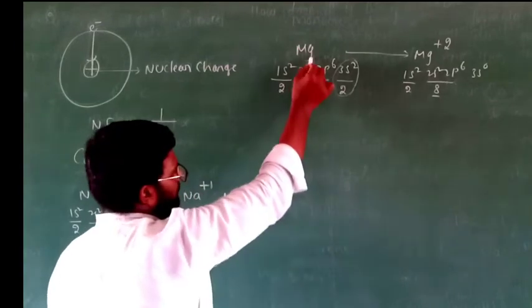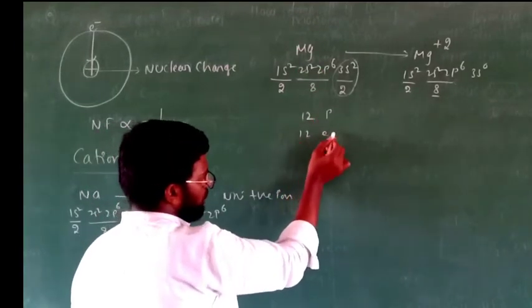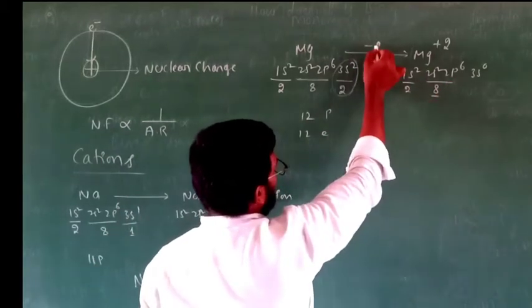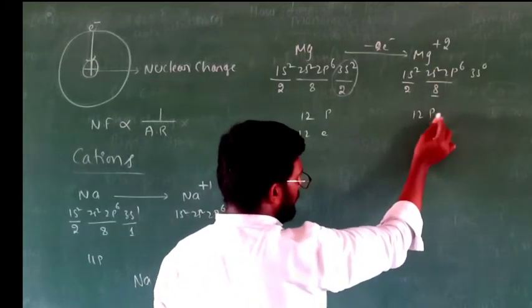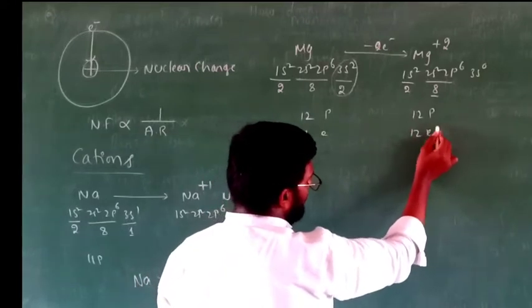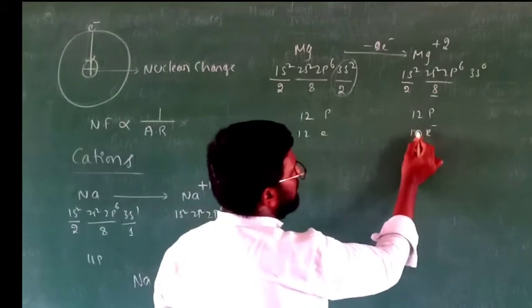What's the atomic number of magnesium? It is 12, meaning it has 12 protons and 12 electrons. After losing 2 electrons, it will still have 12 protons. There will be no change in the number of protons, but the number of electrons will be reduced.